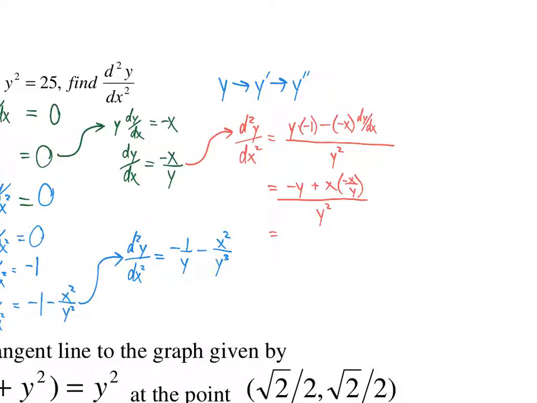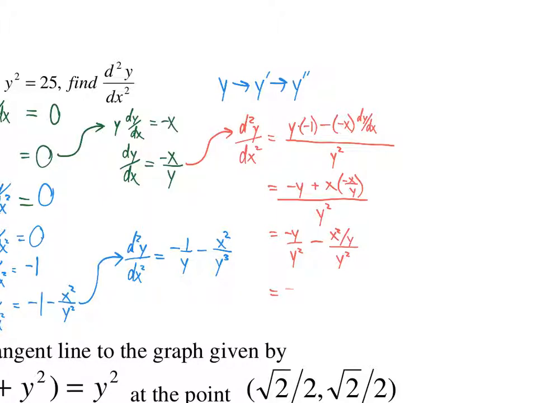Notice I'm going to split this into two separate fractions. I have -y over y squared minus x squared over y squared. And what do you know?